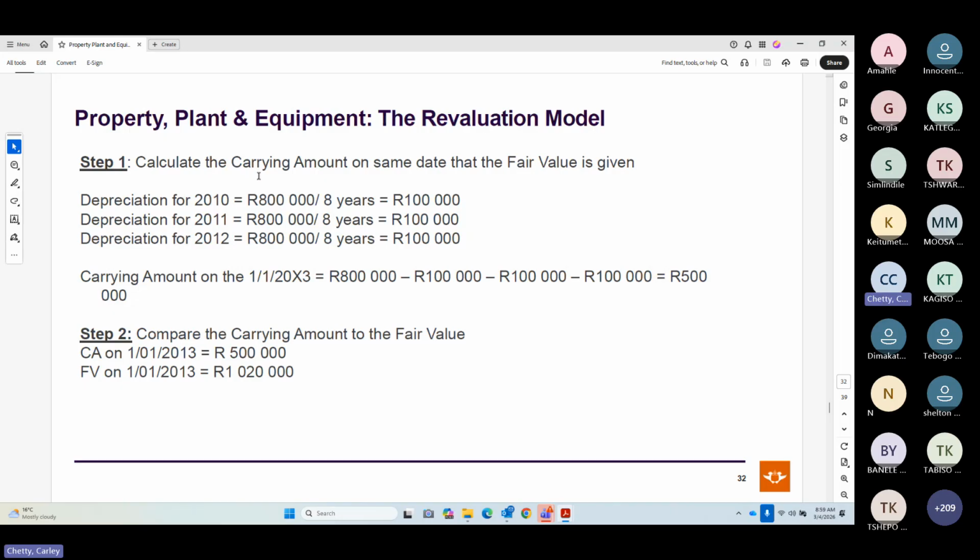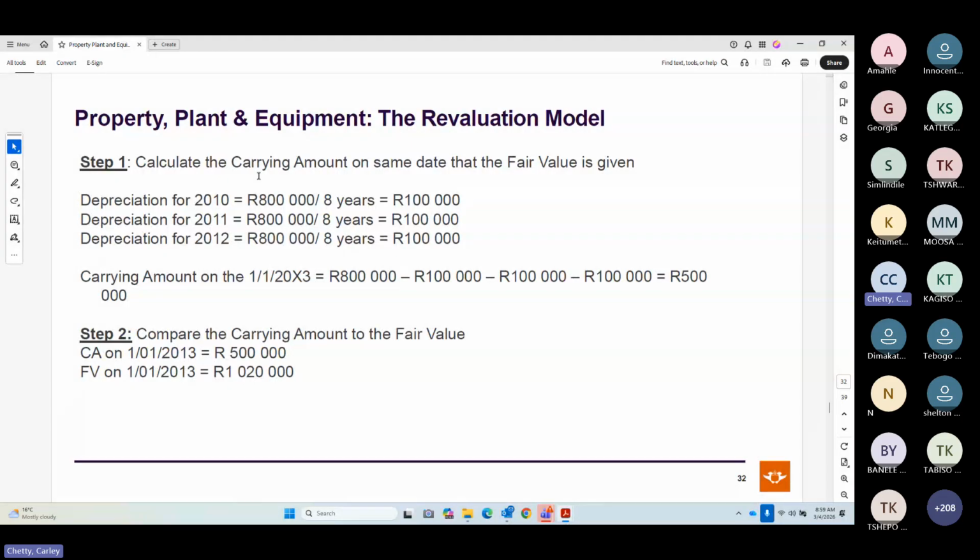So the carrying amount on 1 Jan 20X3, so we're going to take the cost of 800,000 minus the depreciation for 2010, minus the depreciation for 2011, minus the depreciation for 2012, and that will give us 500,000 carrying amount on 1 Jan 2013, which is the date of the fair value.